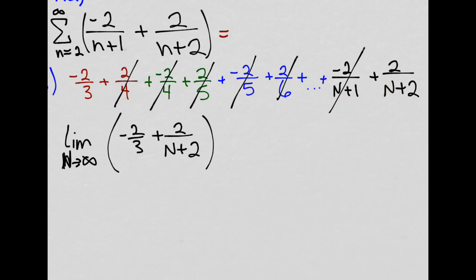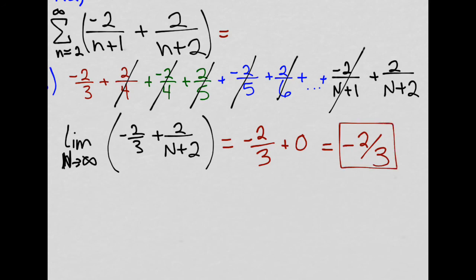So let's see what we get when we do that. So the limit of 2/3 as N approaches anything is 2/3. As N approaches infinity, for 2 over N plus 2, that'll be 2 over a larger and larger number, which approaches 0. So this series converges, and the series is going to converge to 2/3.